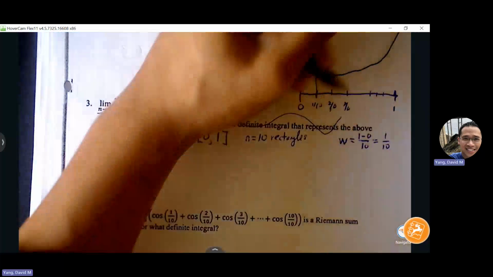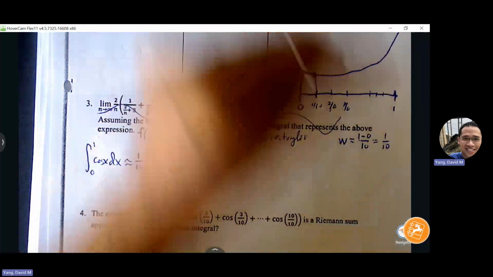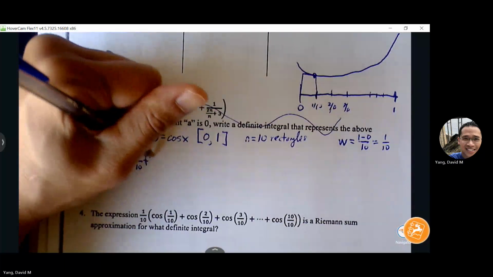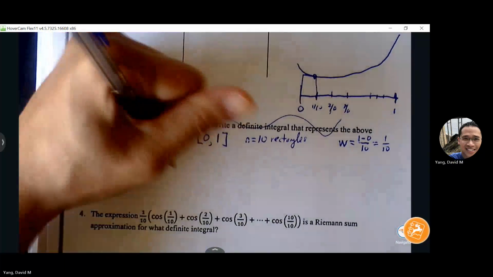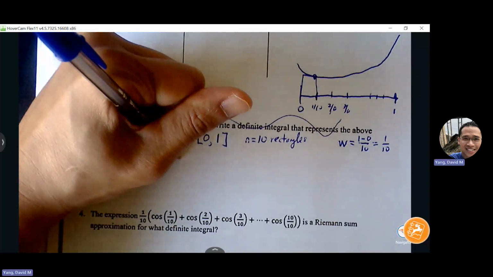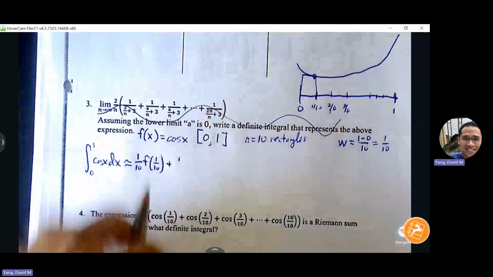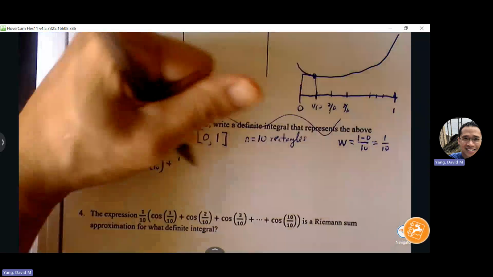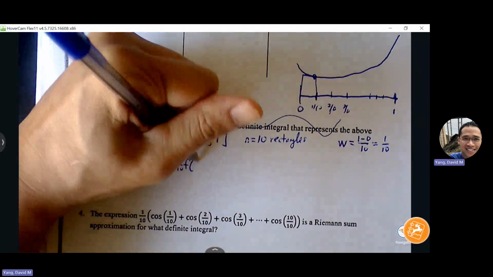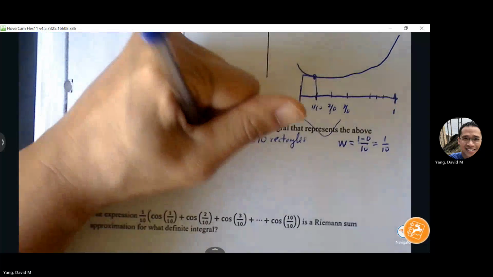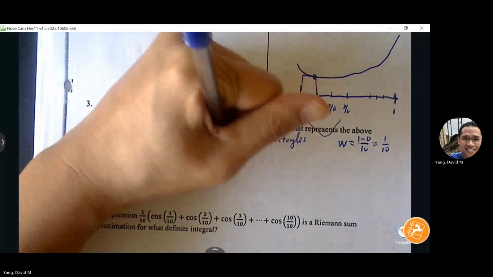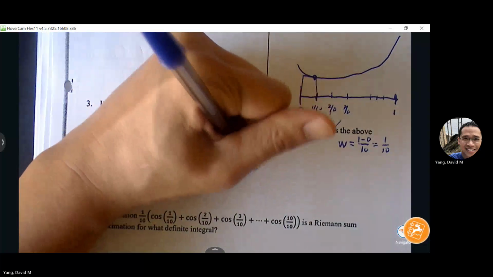F of 1/10. Okay, what's the next rectangle? Well, my width is still what? 1/10. F of 2/10 plus 1/10 F of 3/10 dot dot dot.